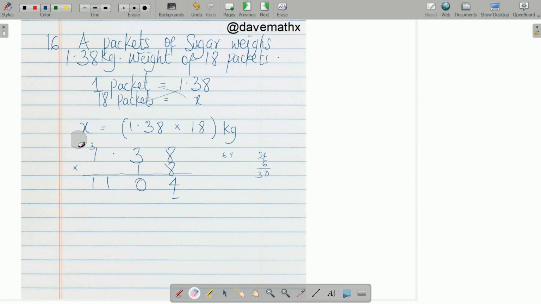Now we move to 1. 1 times 8 is 8. We write down 8. One times 3 is 3. 1 times 1 is 1.